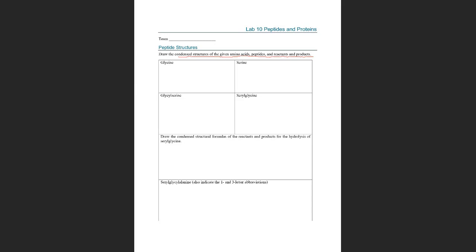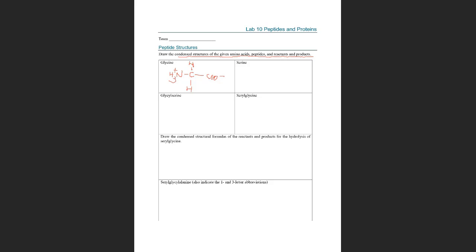You have the page of all the 20 amino acids. So you remember glycine has the alpha carbon bond to the NH3 plus. On the other side it is bond to the carboxylate, always bond to a hydrogen, and the R group is a hydrogen.